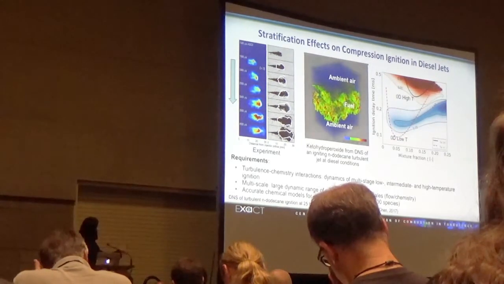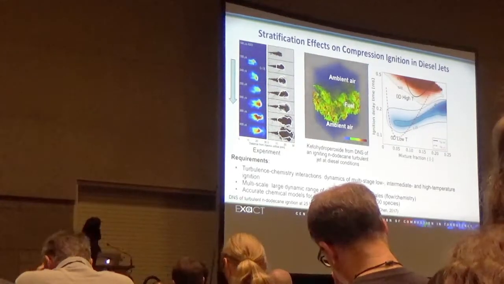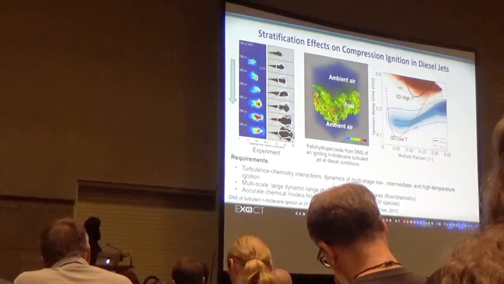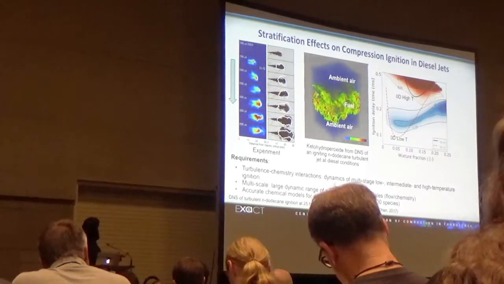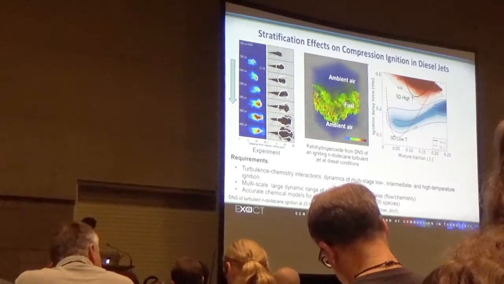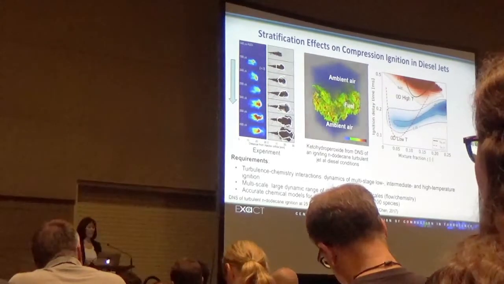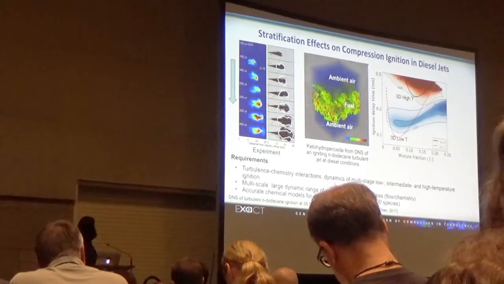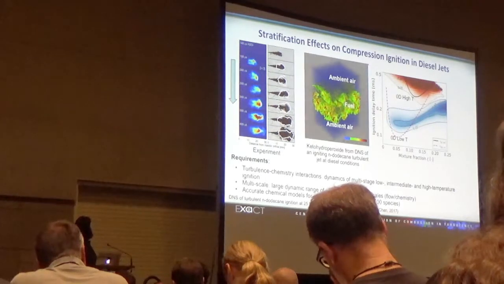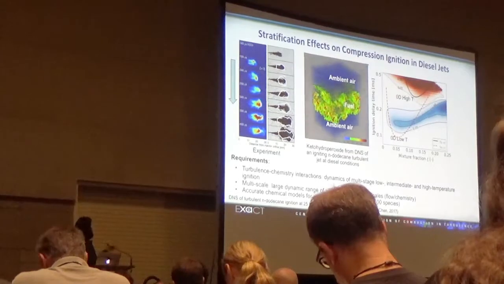So in this case, we have a fuel slab in the middle, and ambient heated air on top and bottom, and it's a jet. So you end up with two auto-igniting jets at the interfaces between the air and the fuel. So what we were interested in is trying to understand the effects of molecular and turbulent transport in this two-stage ignition phenomenon.